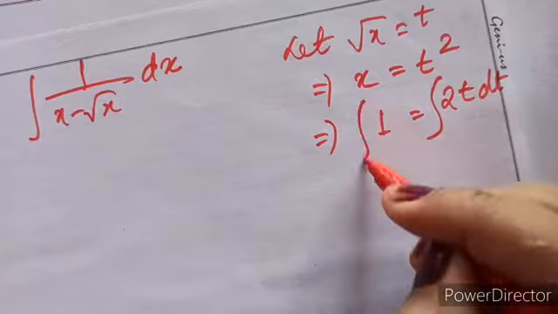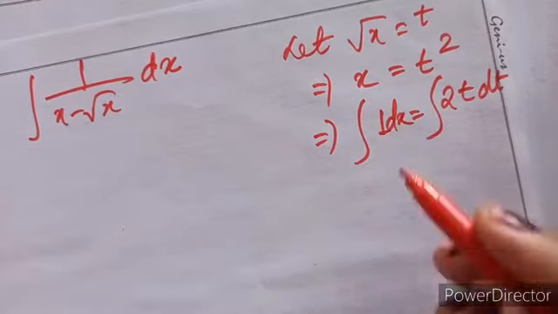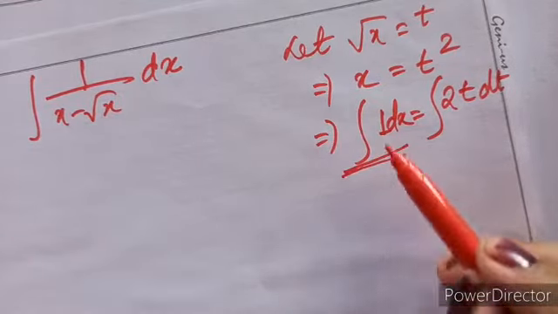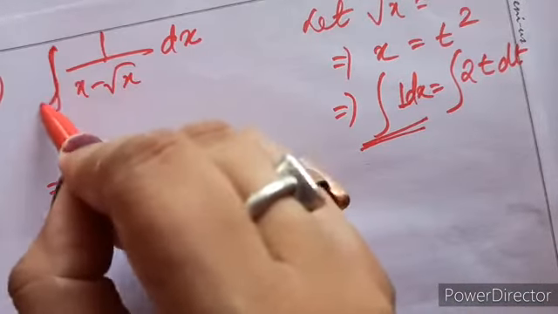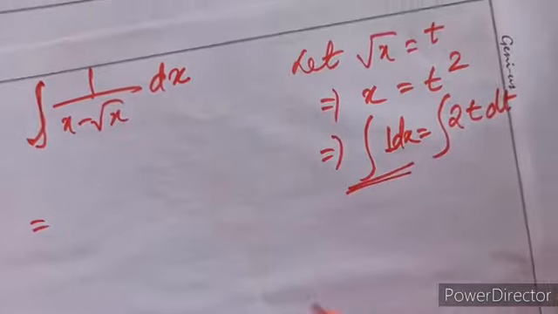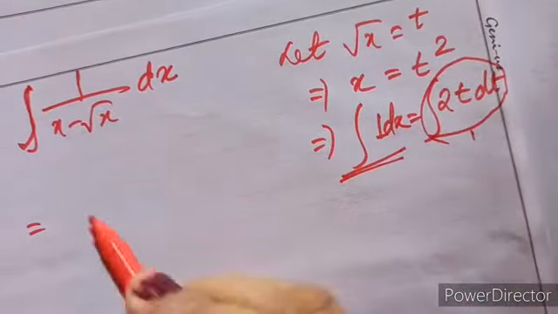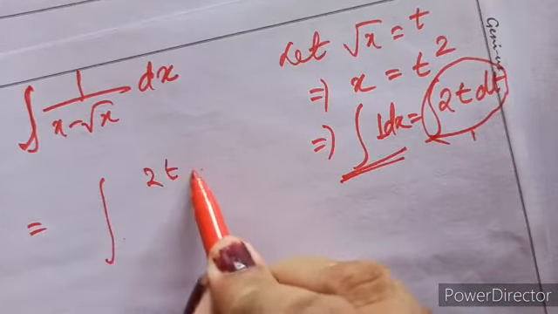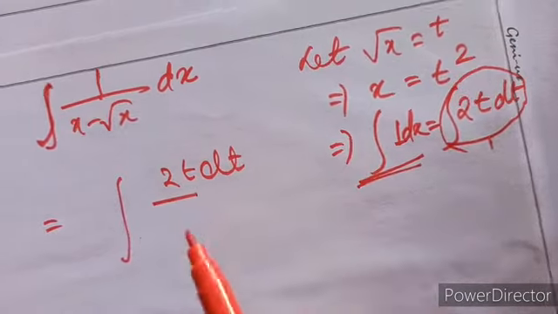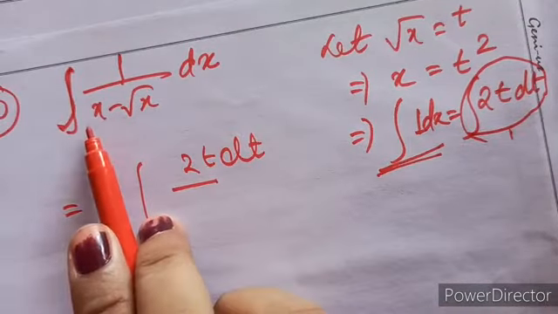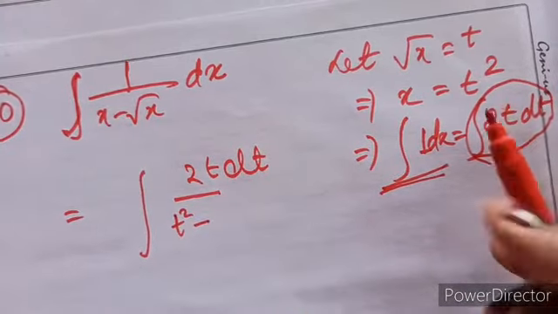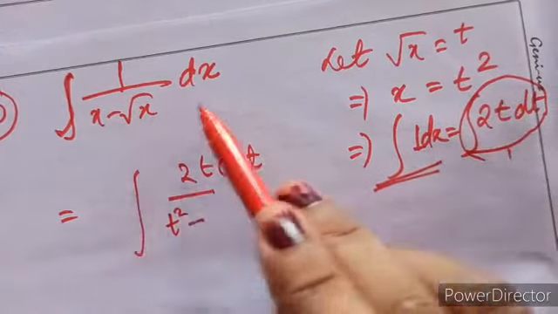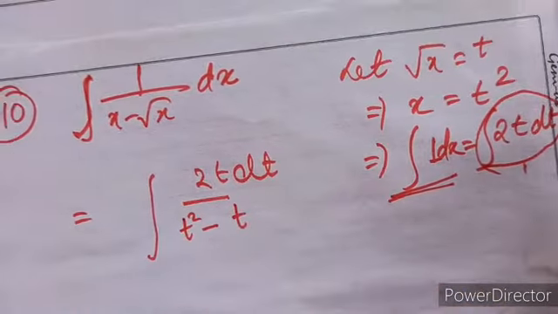So now wherever I get this type of value in this question, I have to substitute. That means if you see here, integration this part and this part, I have to substitute which value? This value. So I can simply write 2t dt divided by, in place of x, t square minus, in place of root x, t.